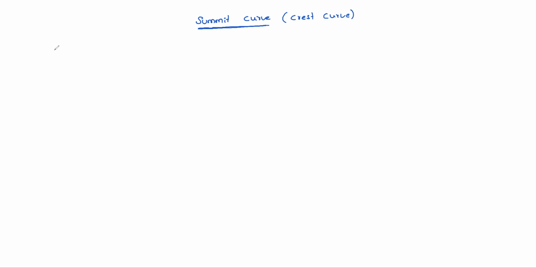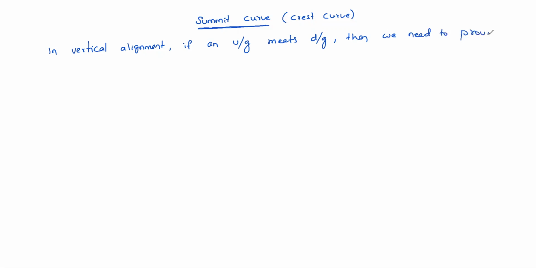In vertical alignment, if an upgradient meets a down gradient, then we need to provide a summit curve.